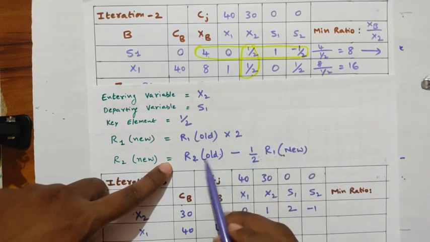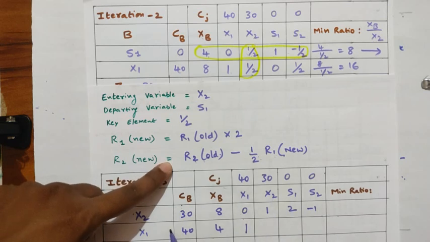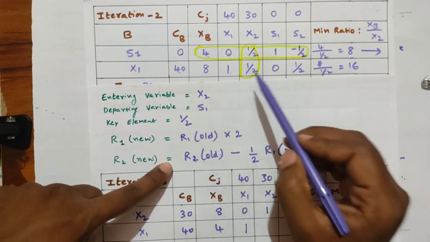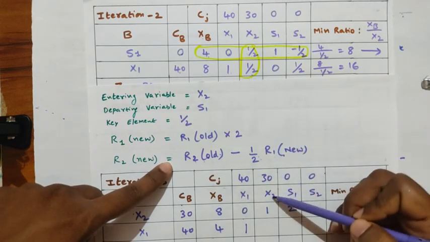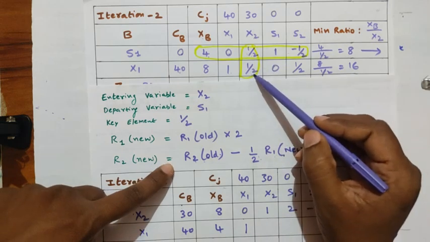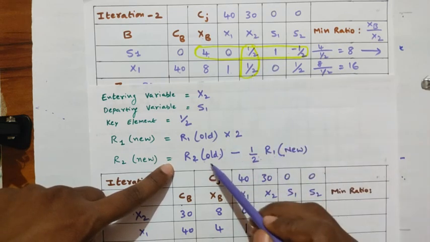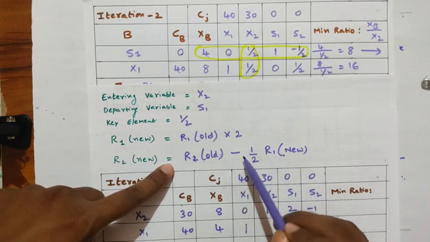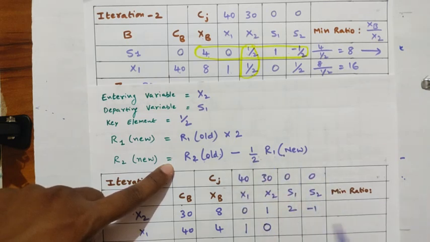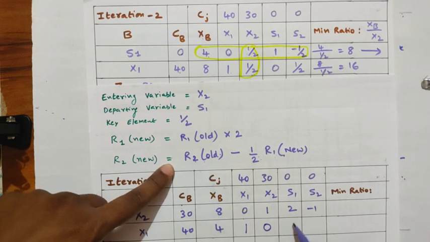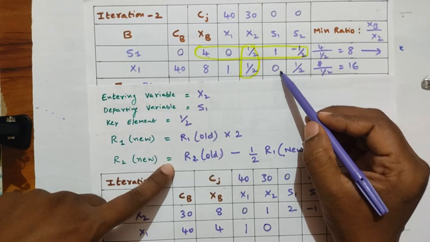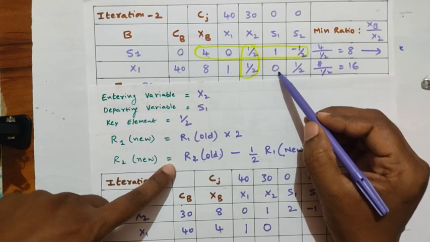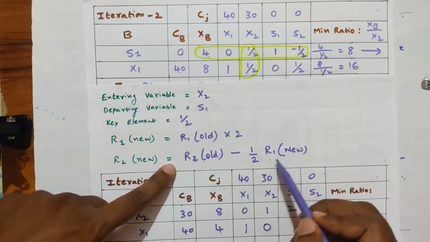And here R2 old is half. Half minus half into R1 new. R1 new is 1. Half minus half, value is 0. Similarly, R2 old is 0. 0 minus half into R1 new.